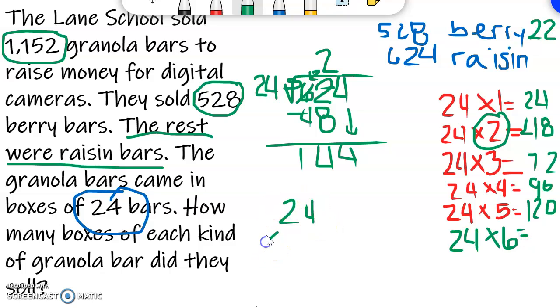So 24 times 6. 4 times 6 is 24. Regroup the 2. 6 times 2 is 12, plus 2 more is 14. So 24 times 6 is 144 on the nose. So I'm going to use 6.